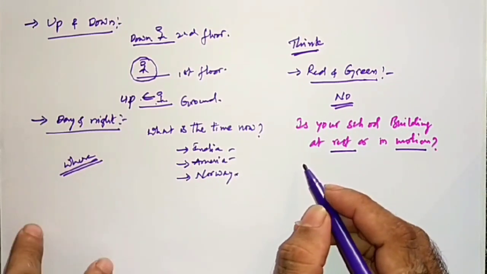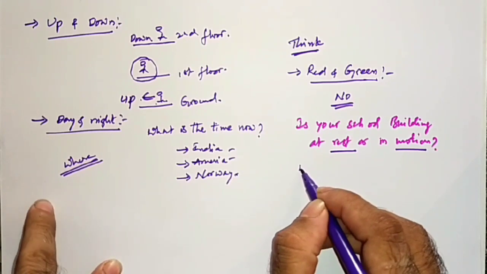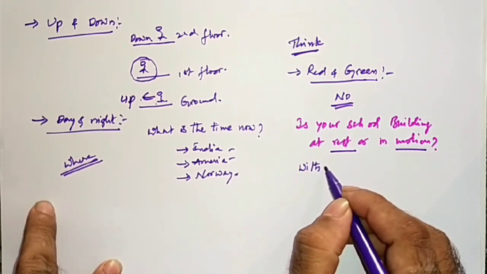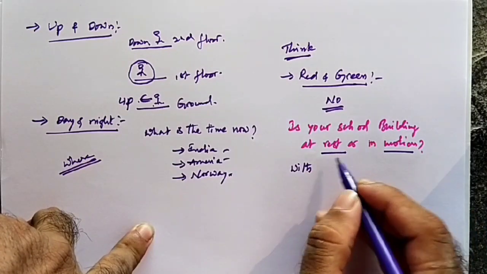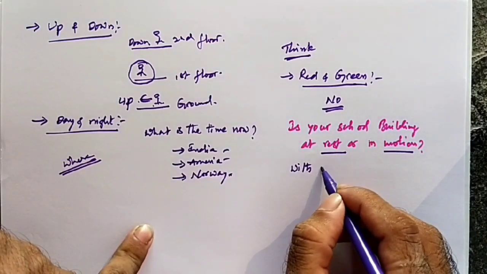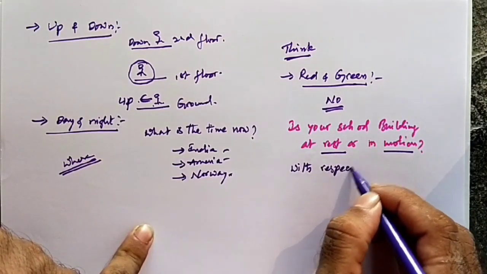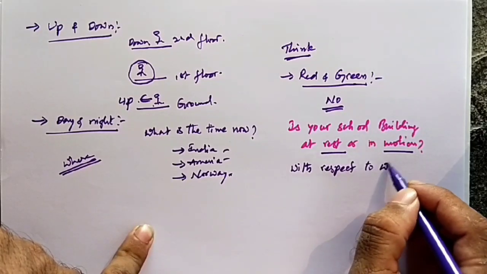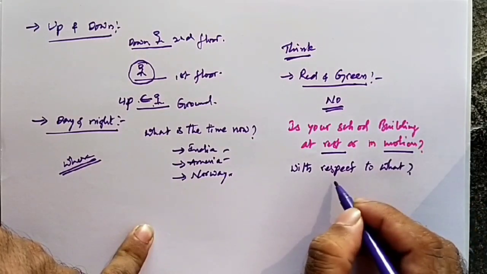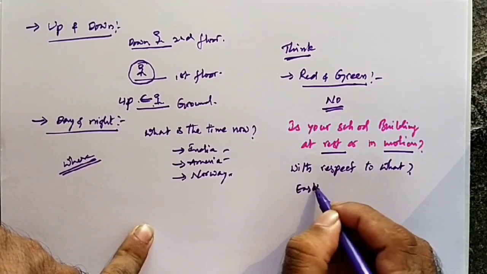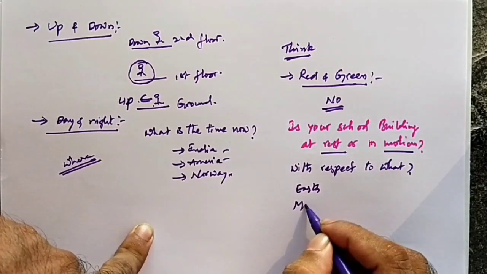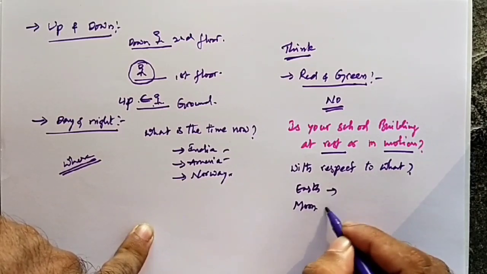You should ask a question before that: with respect to what, sir? If I say with respect to earth, or if I say with respect to moon, how will the answer change?